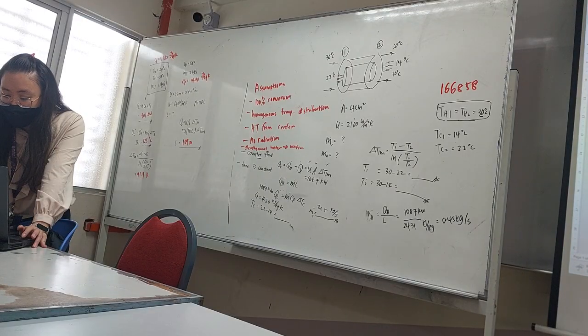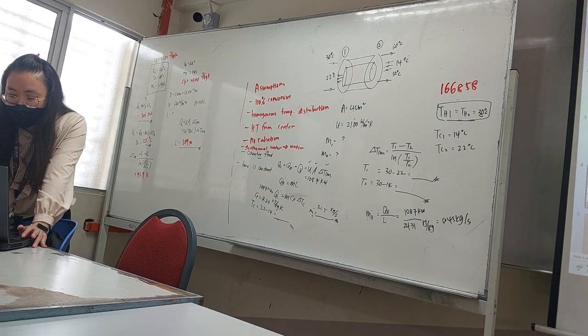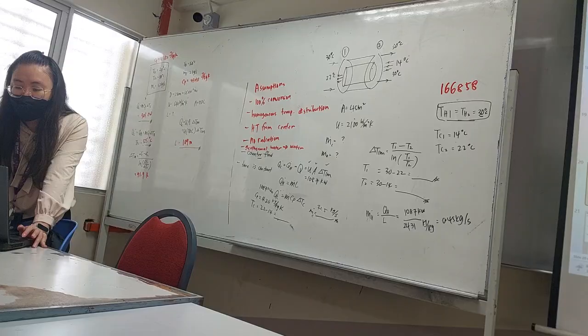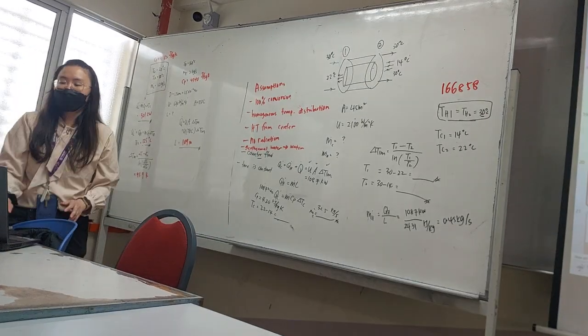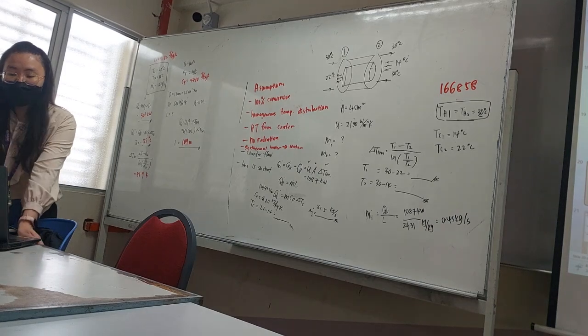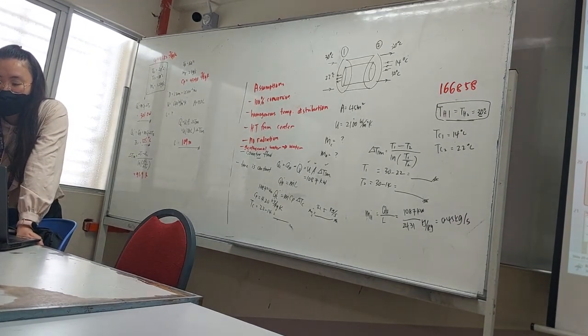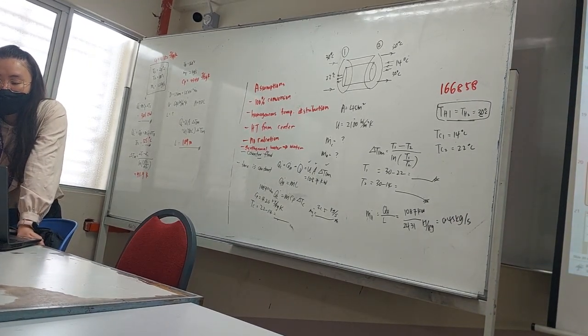So natural convection refers to the natural convection equations. Okay, vertical plate. The first part is vertical plate, so they give you already that number.